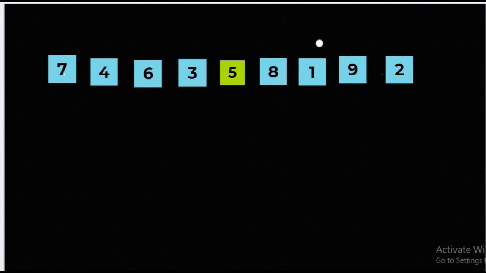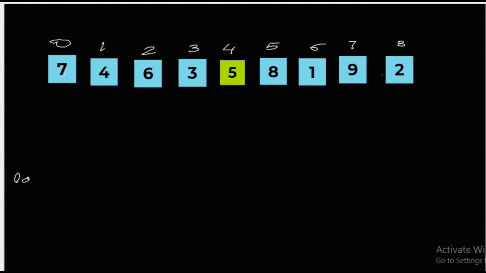First of all, this is the initial array in which no sorting is done. I have taken the middle element as the pivot element. The indices are 0, 1, 2, 3, 4, 5, 6, 7 and 8.